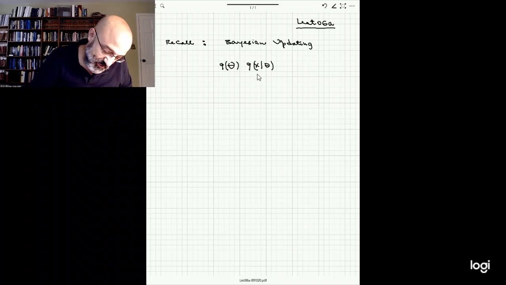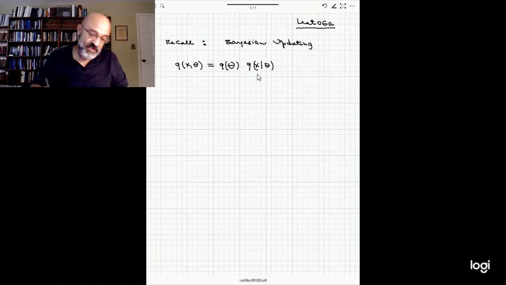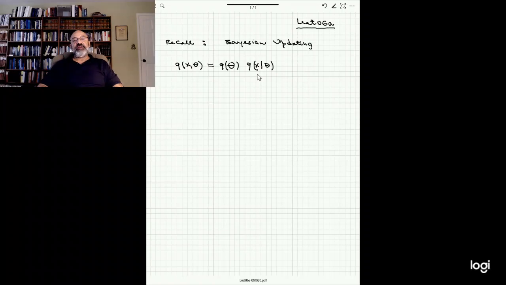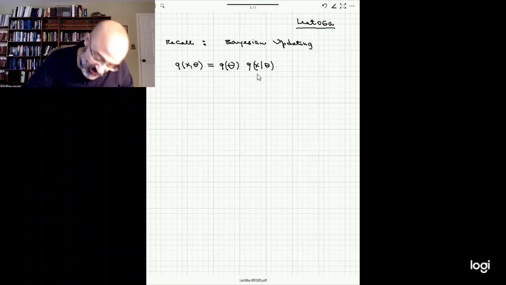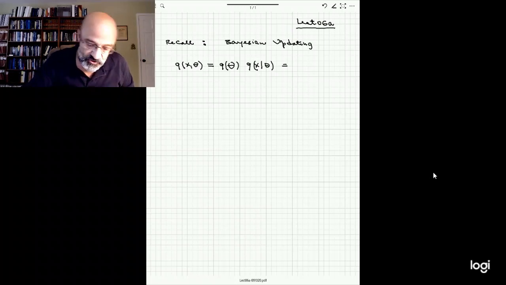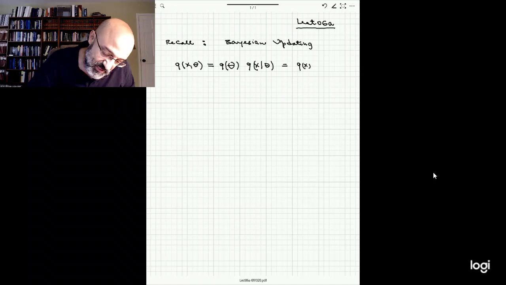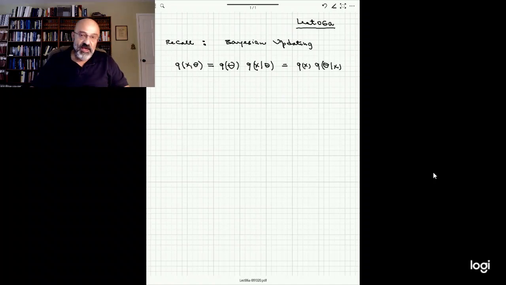So clearly what our prior really is, is the joint distribution of x and theta. Now we can clearly use the product rule and re-express this joint distribution in the form of q(x) and then q(theta given x).